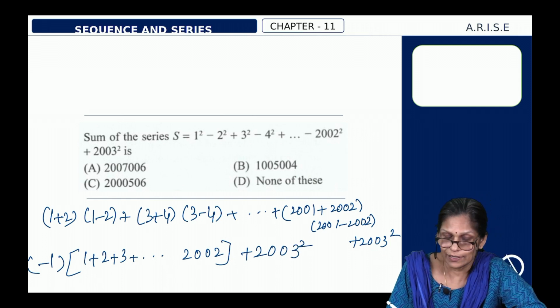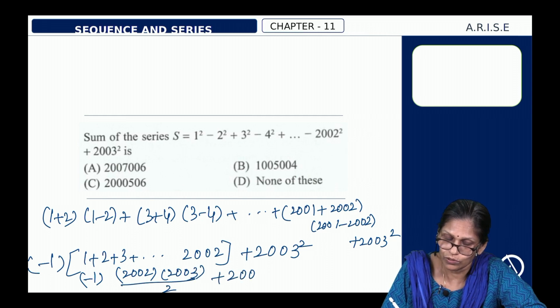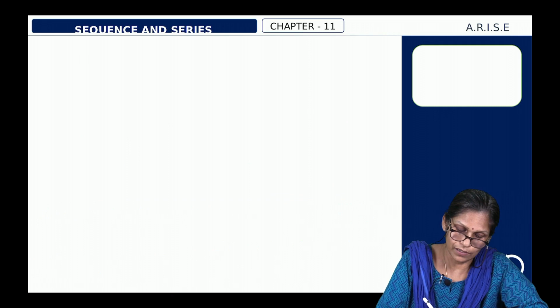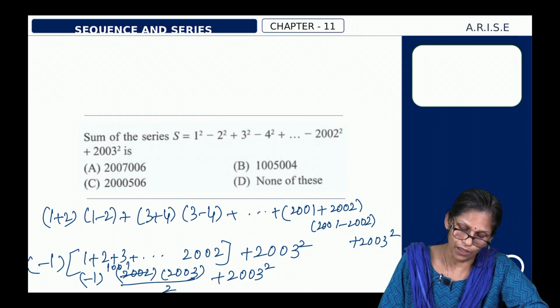Use the sum of the first n natural numbers to get minus 1 into n into n plus 1 divided by 2, plus 2003 squared. So this is 1001. If I take a 2003 out, what will remain? Here 2003 minus 1001.